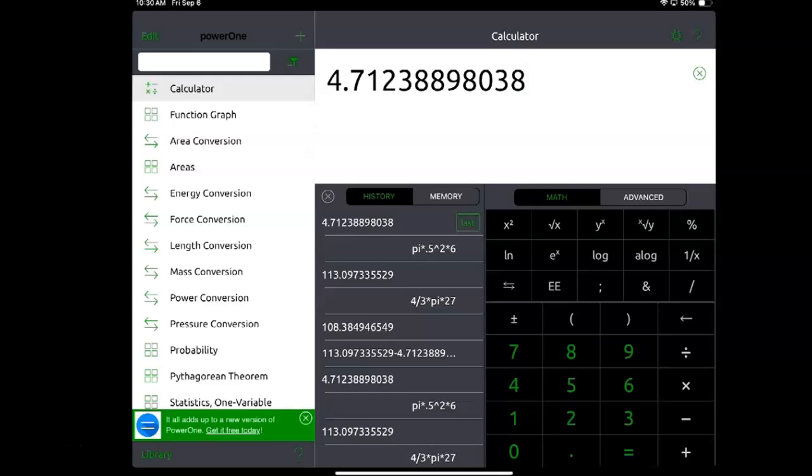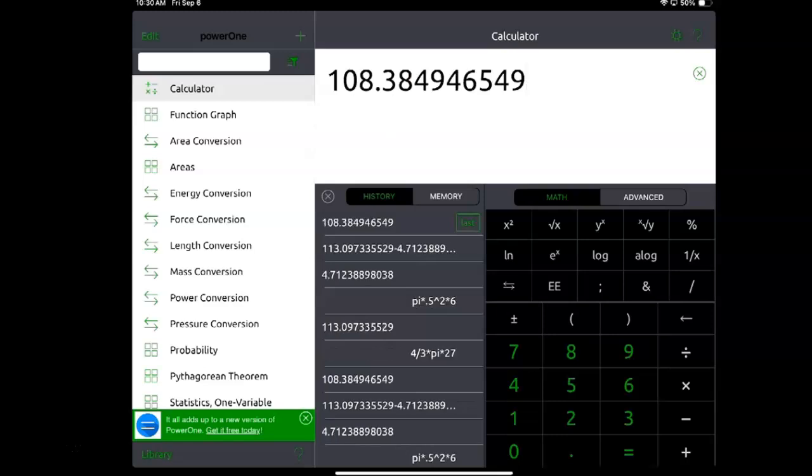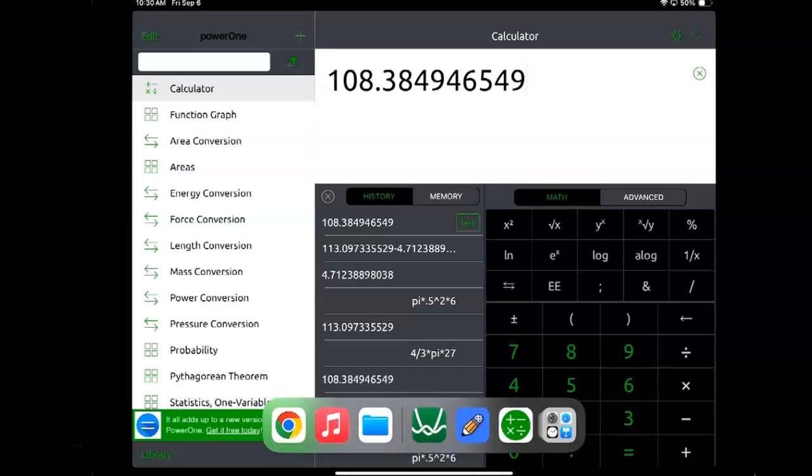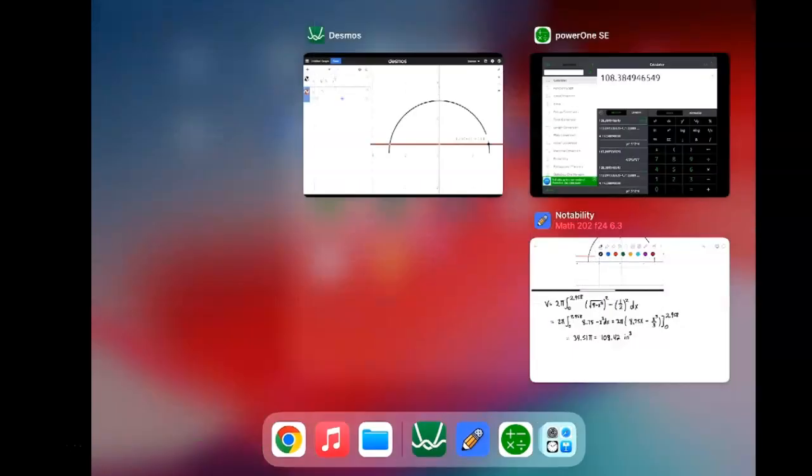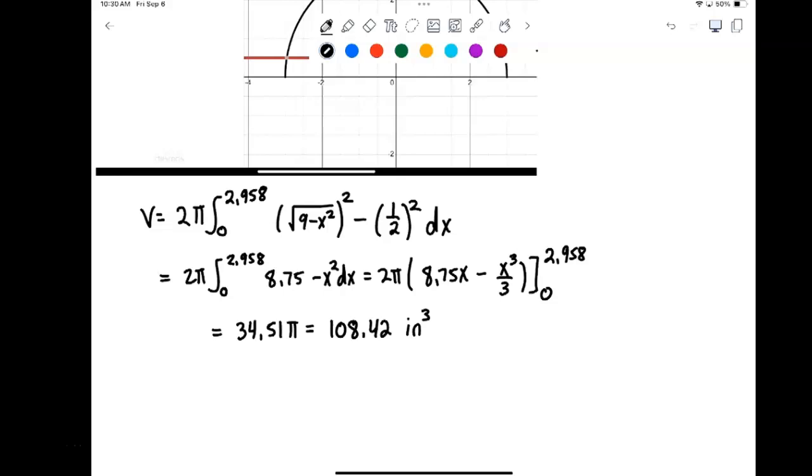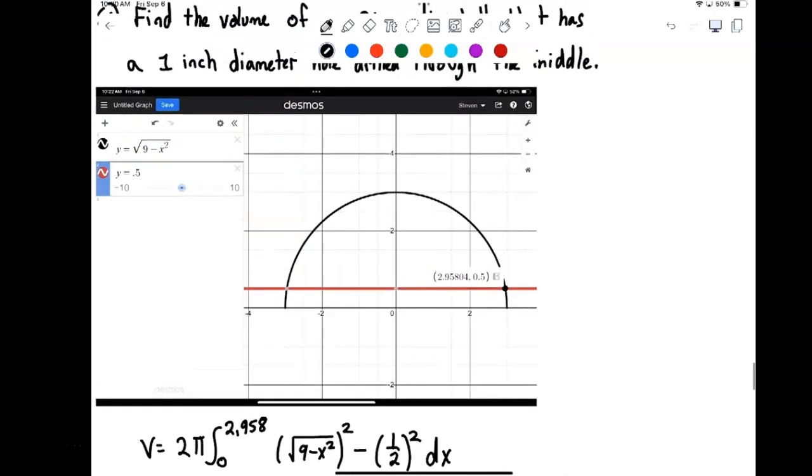And that would be 4.7. Now, if you took that away from your original volume, 113 minus 4.7, that gives you a volume of 108.38.